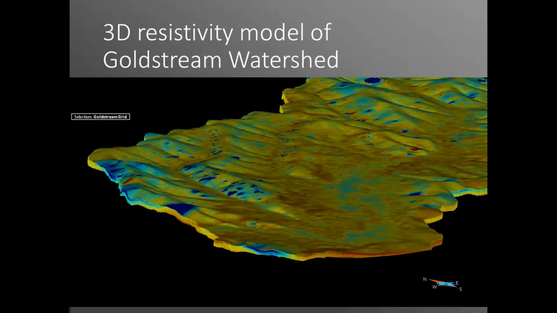Okay, so I showed this earlier in the example, but I'll bring it to light again, where we're going with this. We've done all these 1D models now. So we took them and imported them into a program called Geosoft Oasis montaj.